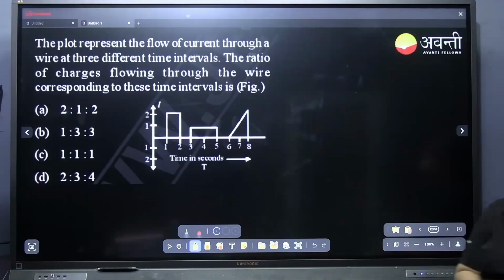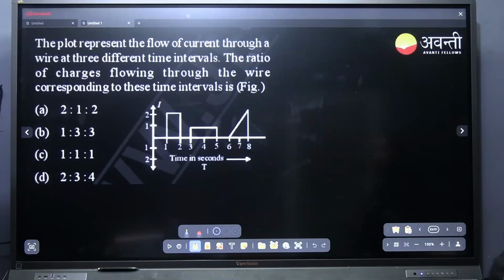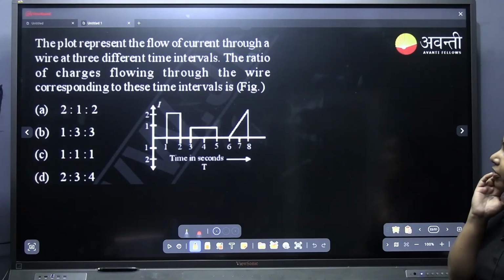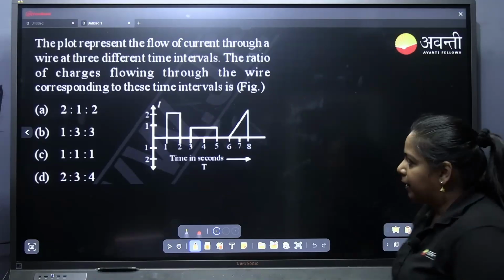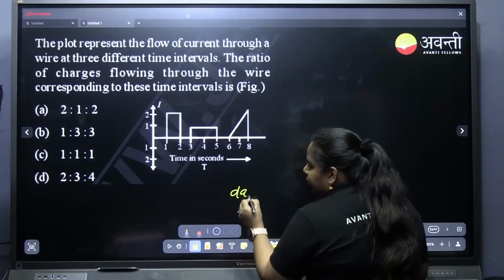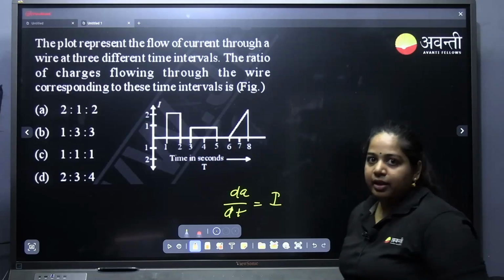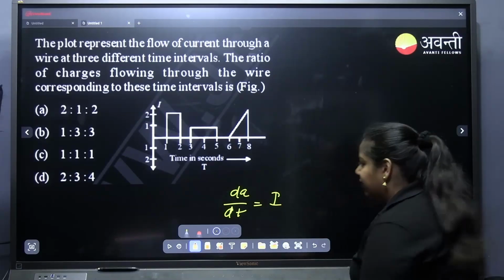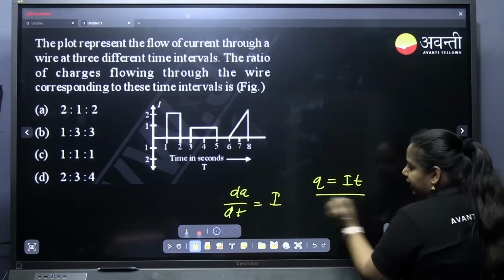Next one. The plot represents the flow of current through a wire at 3 different time intervals. Find the ratio of charge flowing through the wire corresponding to these time intervals. dq by dt is equal to current, so charge is equal to I into t, right?